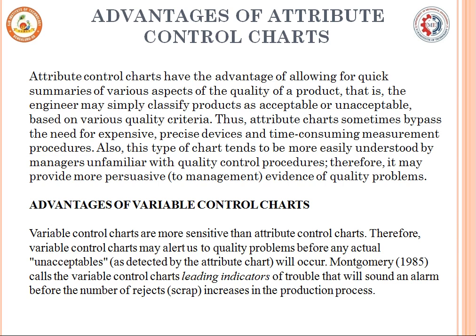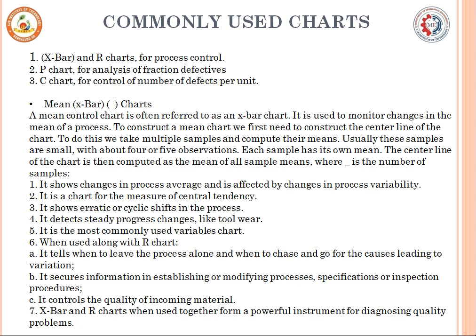Unacceptable parts can be detected by the attribute chart very easily. The variable control chart is a leading indicator of trouble that will sound an alarm before the number of rejects increases in the production process. So both charts have advantages.